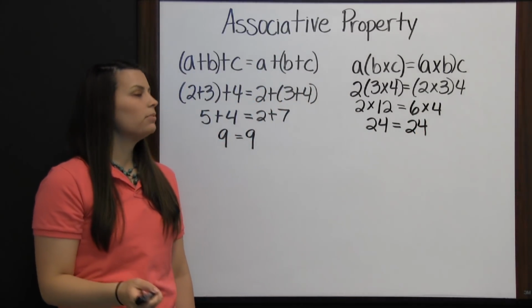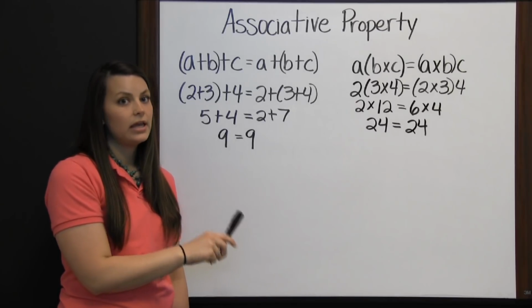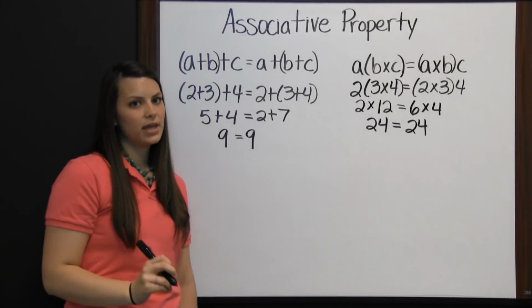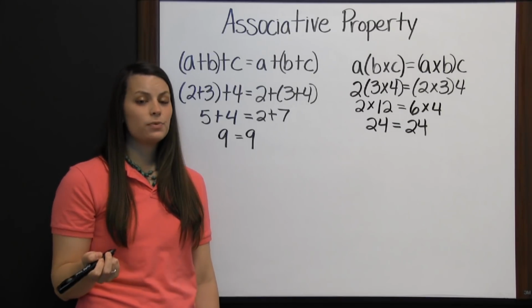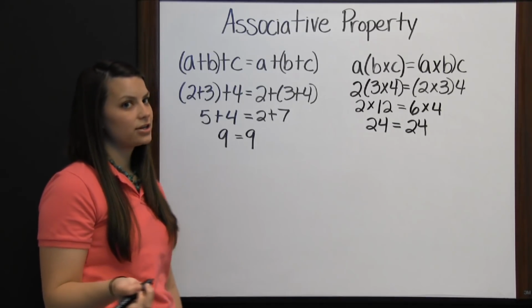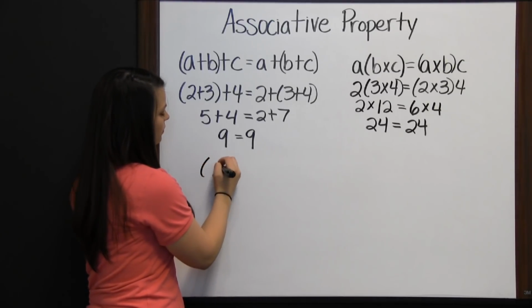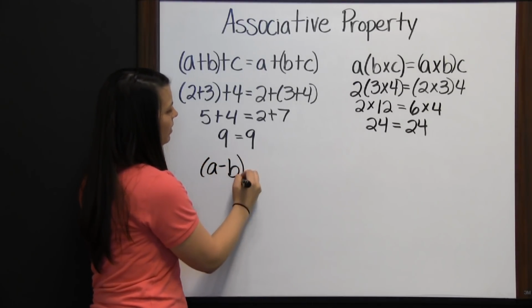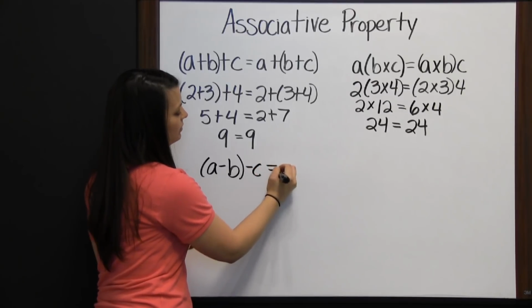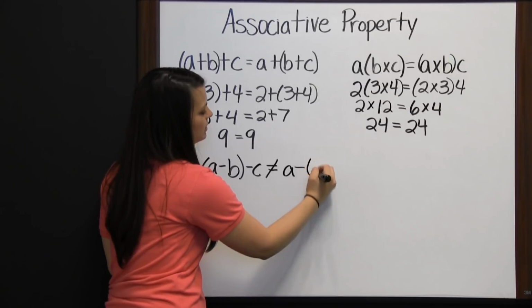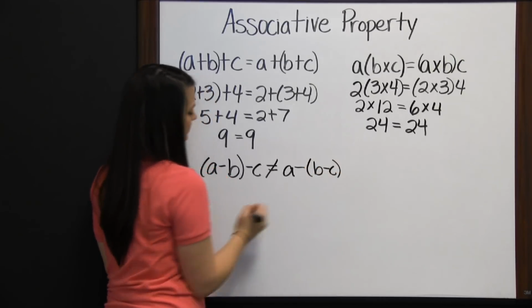Like the commutative property, the associative property is only true for addition and multiplication. Let's look at what happens when we try to use it on subtraction and division. If we tried to use the associative property, it would look like (A − B) − C, but again, it's not going to be equal to A − (B − C).